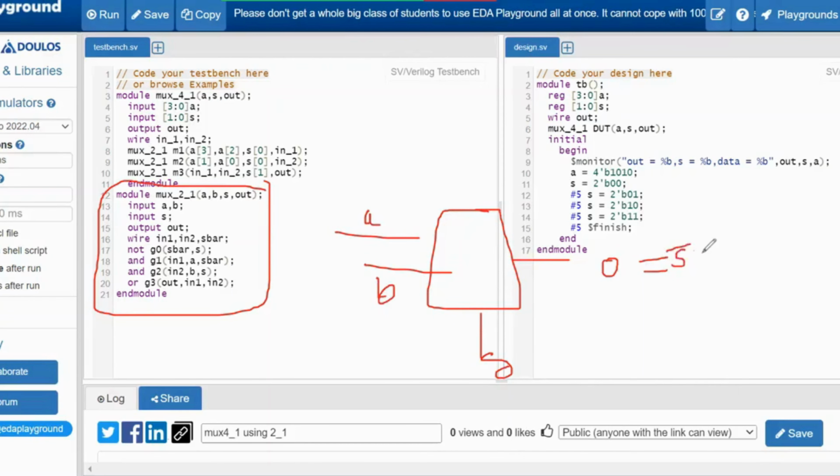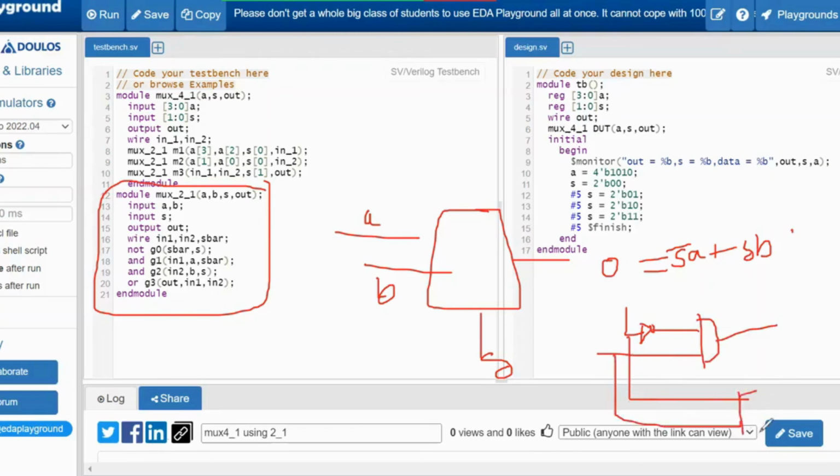S bar into A plus S into B. So this is the output of the multiplexer. Okay, so how can you design using the gates here? Suppose for S there will be a NOT gate, and A and S bar are given to an AND gate, and S and B are given to another AND gate, and both are given to one OR gate.